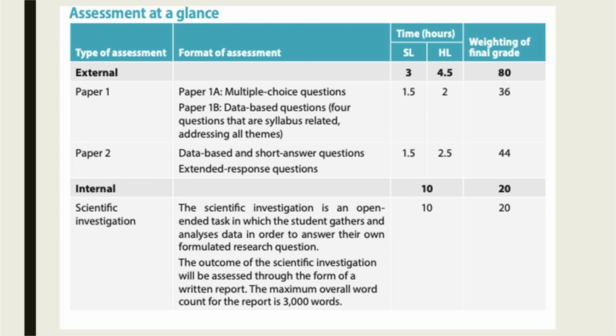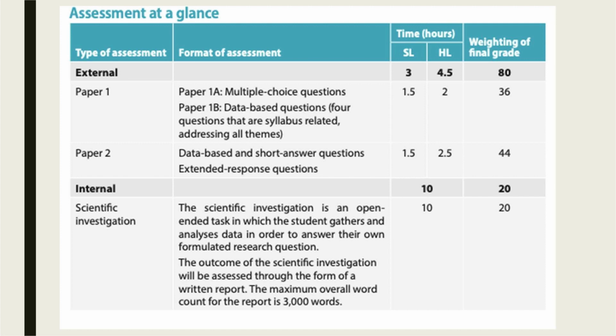So overall, you are going to get the 36 points from paper 1 and 44 points from paper 2, which is going to be the 80 points and weighting of your final grade.